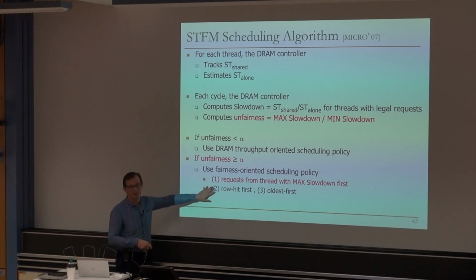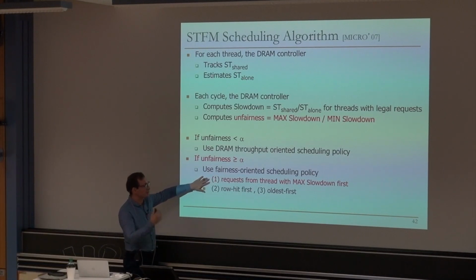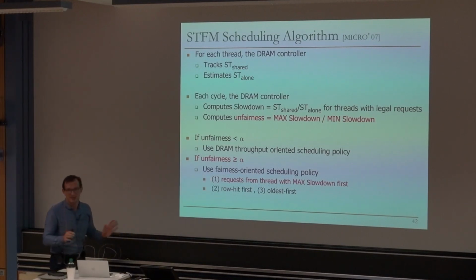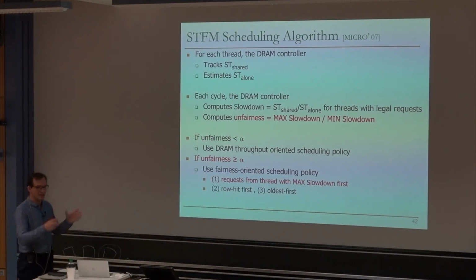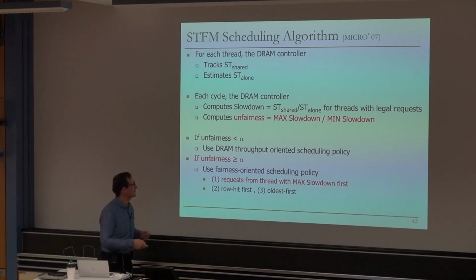All else being equal, it prioritizes row hits, and all else being equal, it prioritizes oldest first. You want to reduce the slowdown of the thread that has been slowed down the most, and that's how you do it. This is a simple way of doing it. Of course, you could design more complicated mechanisms to balance the slowdowns, right?